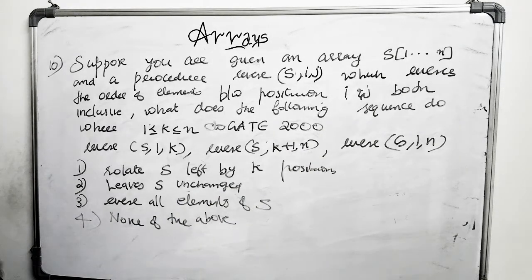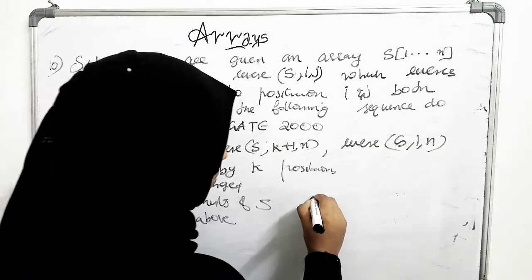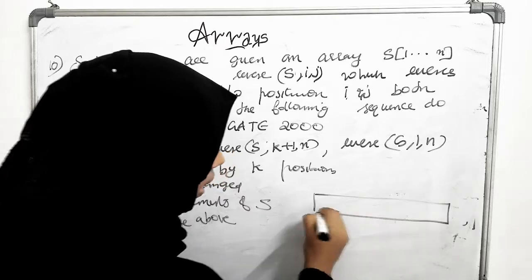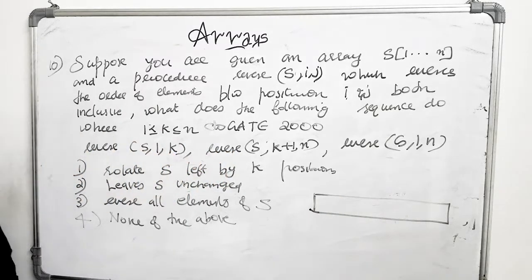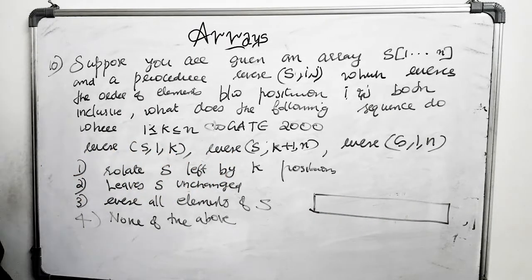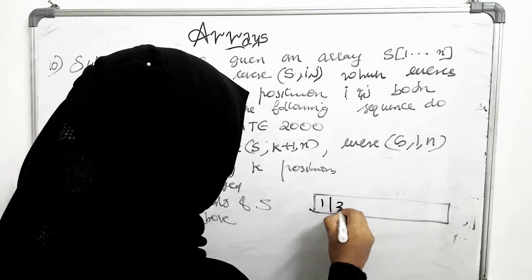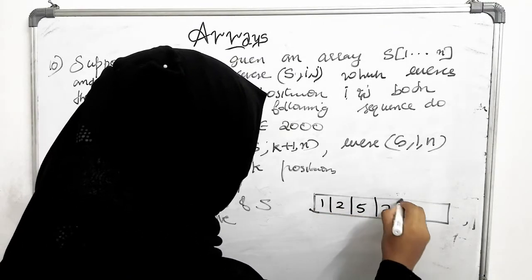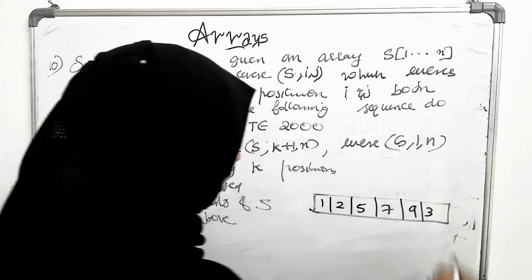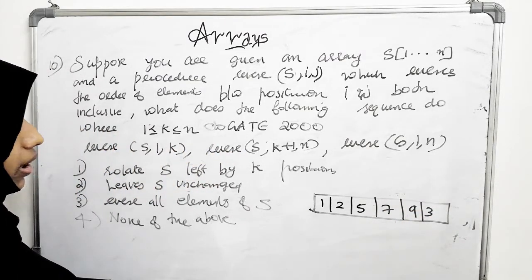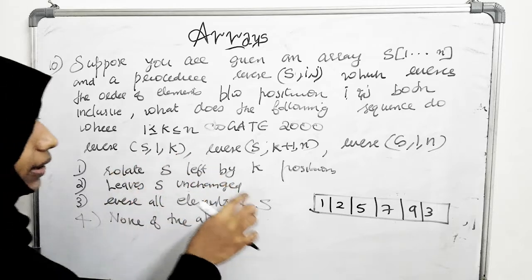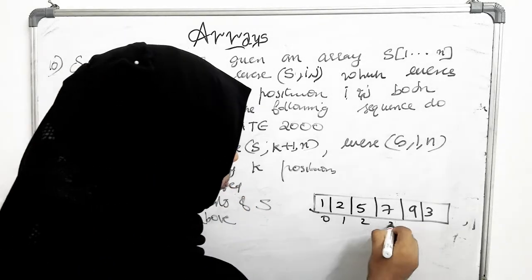So to make this computation easy and get to the answer easily, we will take an example array. We will take the example array as 1, 2, 5, 7, 9 and 3, with indexes 0, 1, 2, 3, 4, 5.